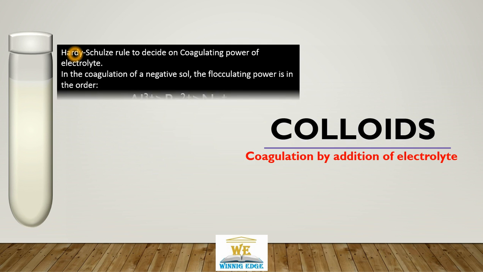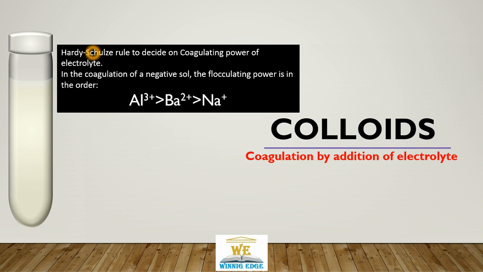Now, the coagulating power of an ion is decided by a rule known as the Schulze Rule. This Schulze Rule counts the coagulation power of any ion based on its charge, which is opposite to the charge on the sol.